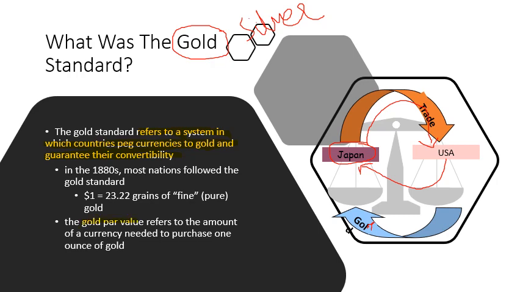So the gold par value refers to the amount of currency needed to purchase 1 ounce of gold. This was a value given to that specific currency in terms of others.